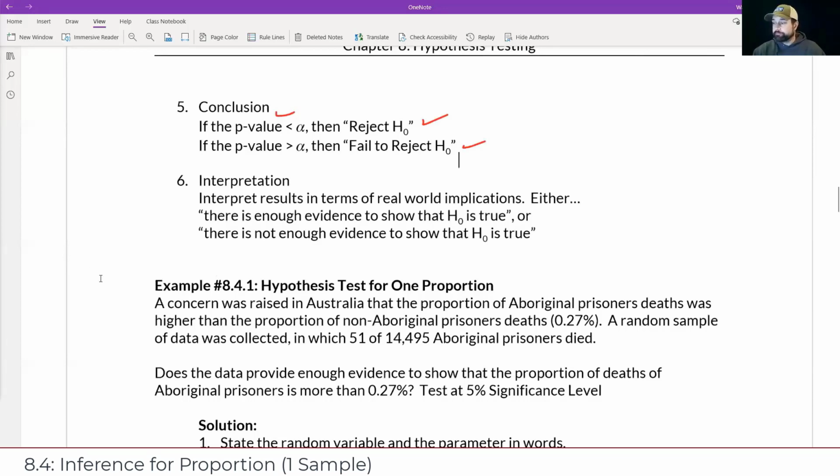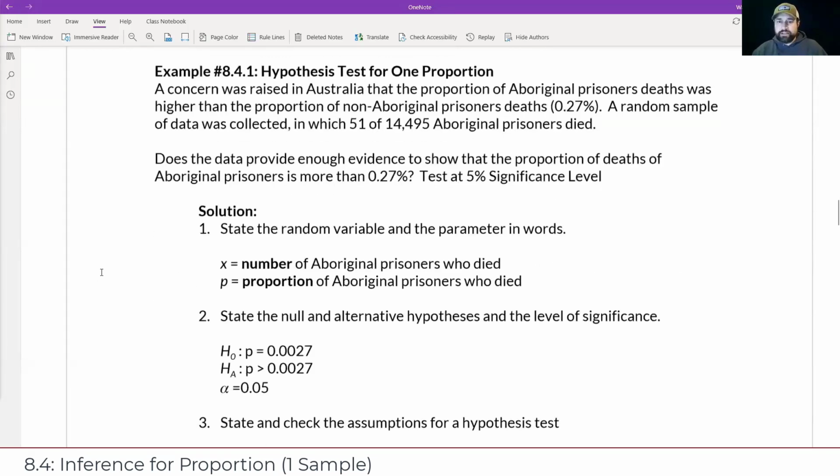So here's an example. This was, in these examples we used previously, but now instead of finding a confidence interval, we're now finding a hypothesis. We're now going to make a hypothesis and see if our hypothesis can be rejected or failed to reject.